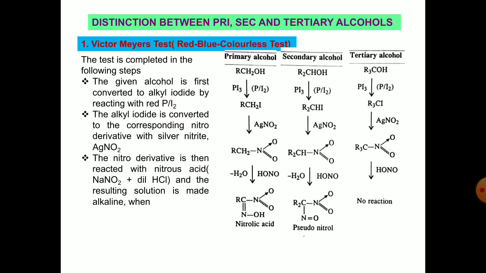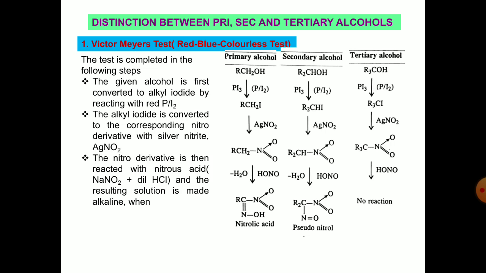Come to the right side, secondary alcohol: RCHNO2, with one H. Here with HONO, the HO of nitrous acid and the H of the nitro derivative combine to give water, giving RCN=O. This is pseudo-nitrol.